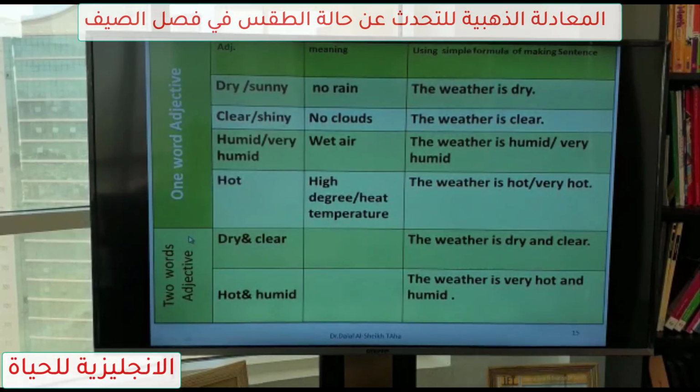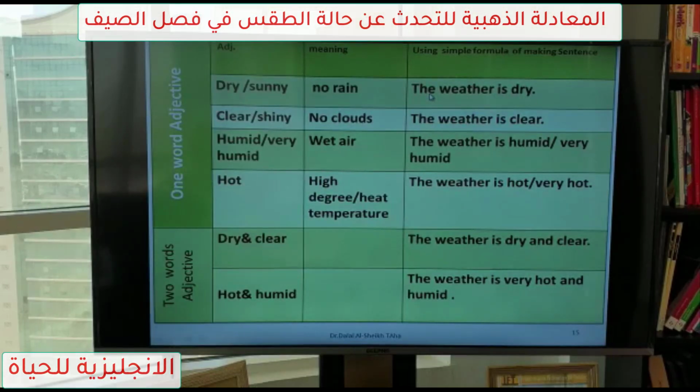Let's get started. Adjective number 1, one word: dry or sunny. It means that there is no rain. Clear or shiny: there are no clouds in the sky. Humid or very humid: the air is wet or very wet. Hot means a high degree of temperature or there is a high degree of heat. Let's use them in the simple formula.